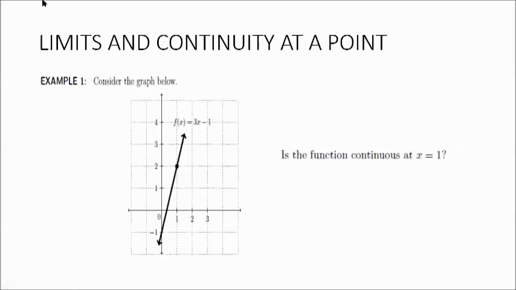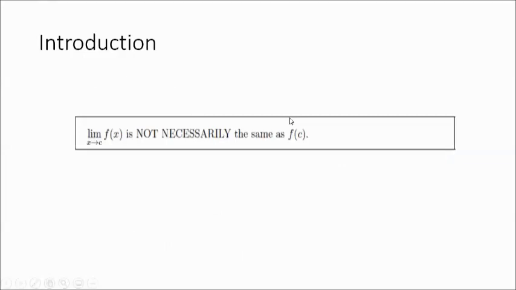Okay, so let's discuss about limits and continuity at a point. So binanggit ito class pala, yung introduction natin, kasi magagamit ito class to determine if the given function natin is continuous at a point or not.